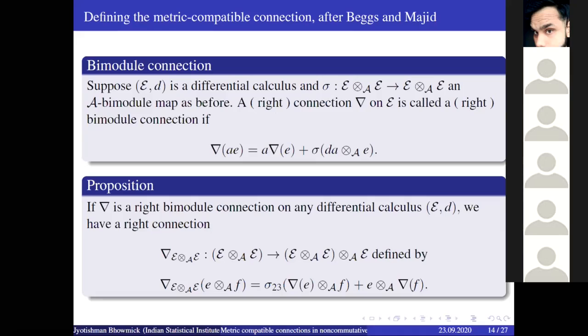We have two steps to make sense of this nabla G is equal to 0. The first step is to extend a connection from E to E tensor E, and in the next step I need to define a connection on the dual or the hom space. So this proposition by Beggs and Majid does the first step, and this requires a restriction on the connection.